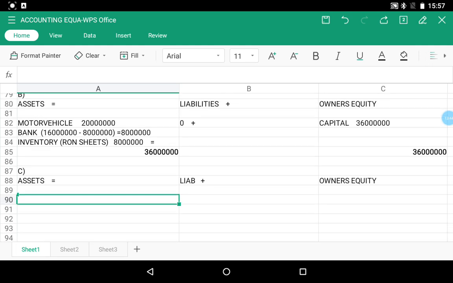So we still have motor vehicle, 20 million.